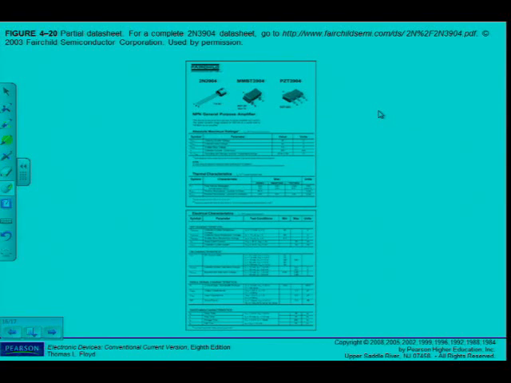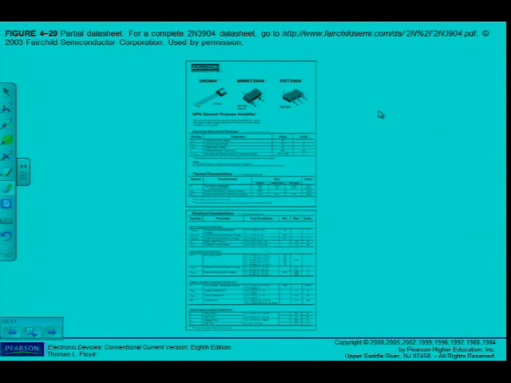I can give you more or less an indication, but the values themselves you will have to read in your textbooks. Anyway, a partial data sheet for the 2N3904 NPN transistor is shown in figure 420. Notice that the maximum collector emitter voltage is 40 volts, for instance.